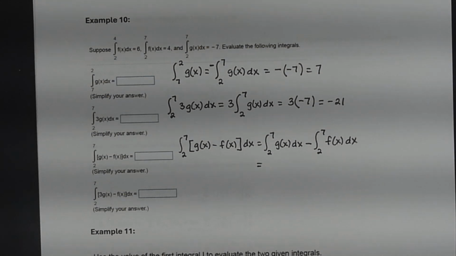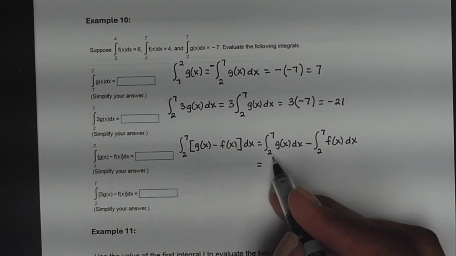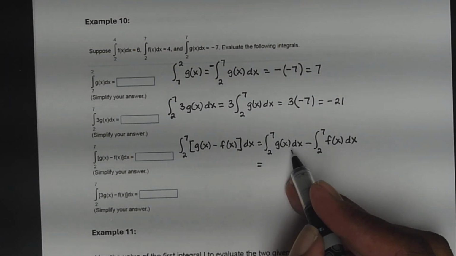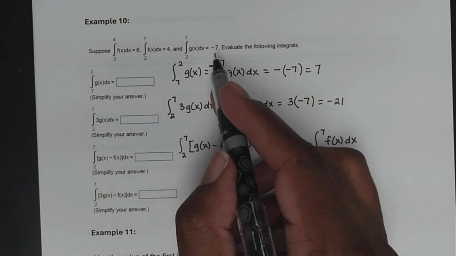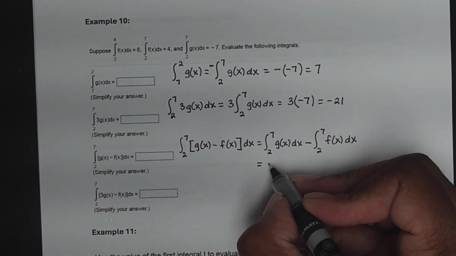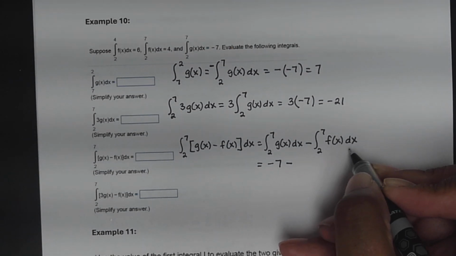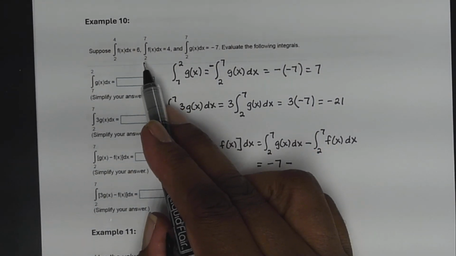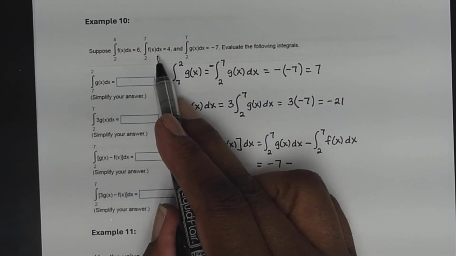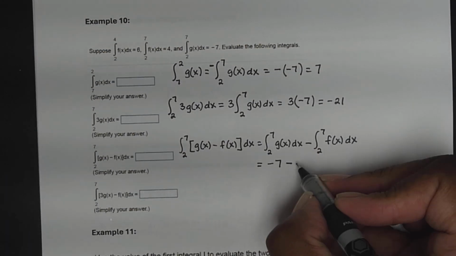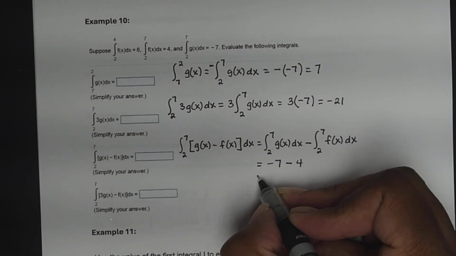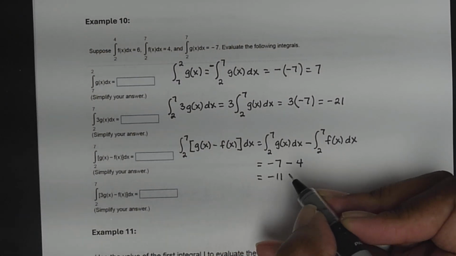Well, in this case here, integral from 2 to 7 of g of x dx, I have that here. That's negative 7. Minus the integral from 2 to 7 of f of x dx. Here's 2 to 7. F of x dx, that's 4. So I got negative 7 minus 4, which would give me negative 11.